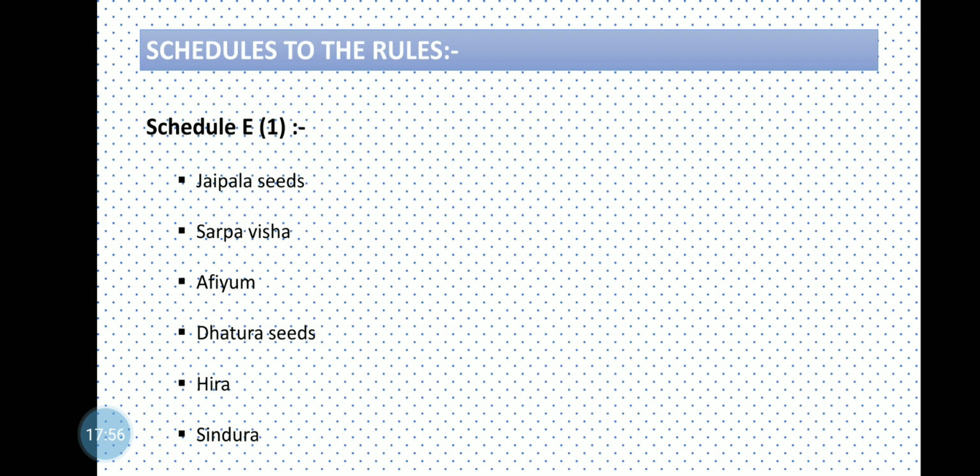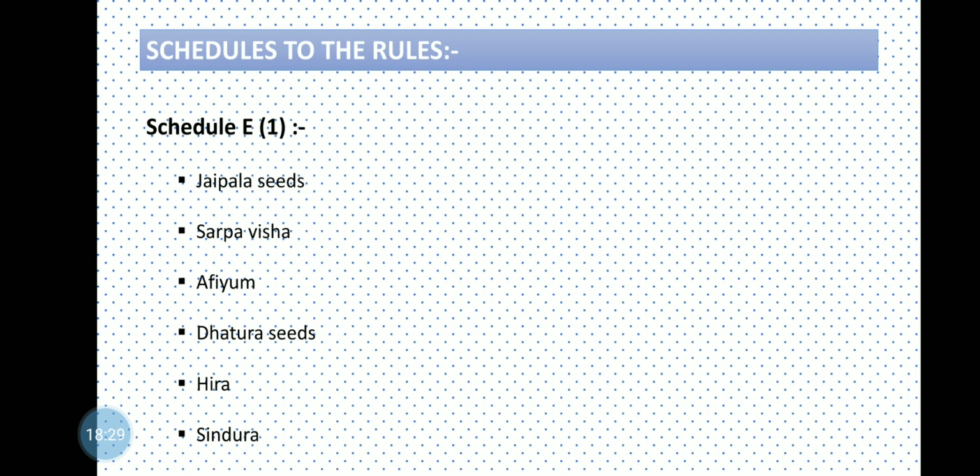During that amendment, Schedule E was omitted from your Drugs and Cosmetics Rules 1945. Therefore, we are not going to study Schedule E, but if by chance in your examination Schedule E is asked, just write down that Schedule E is omitted from DNC Rules 1945 on 26 June 1982.